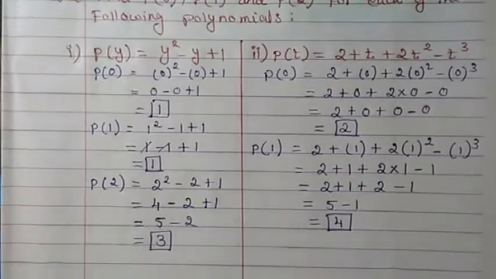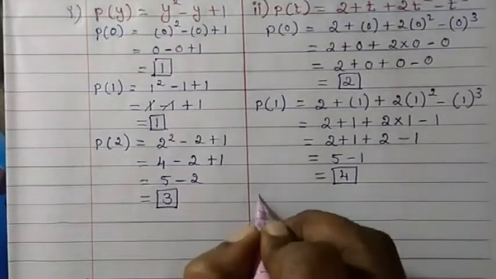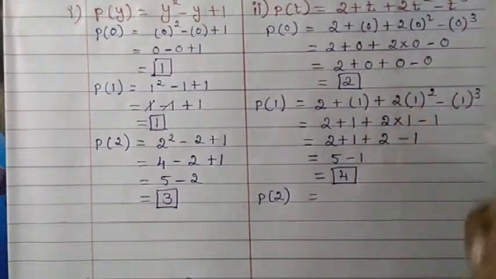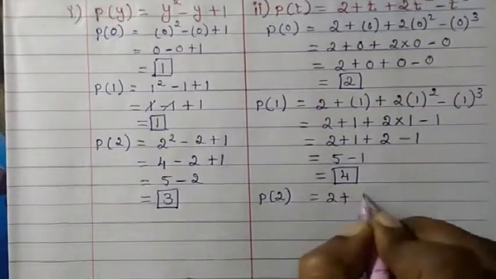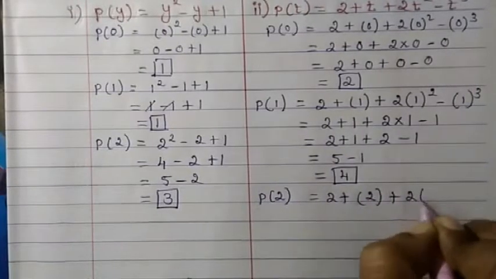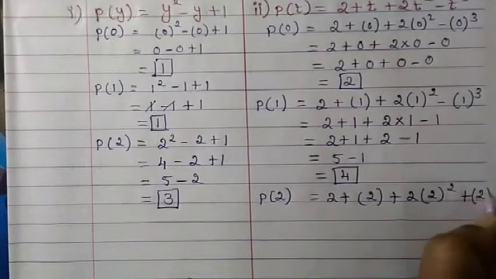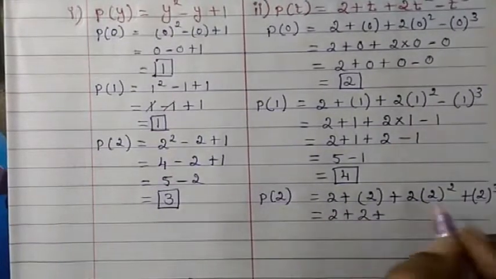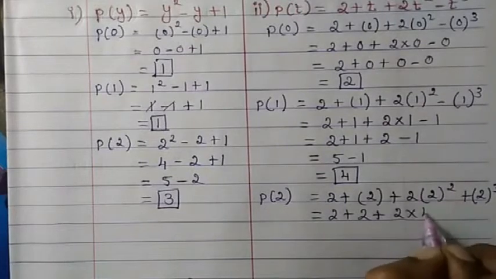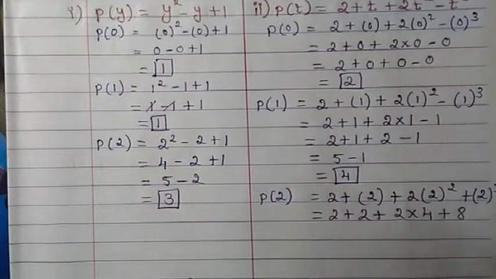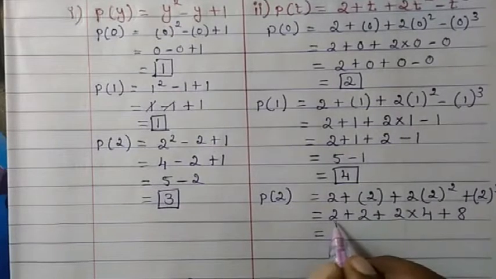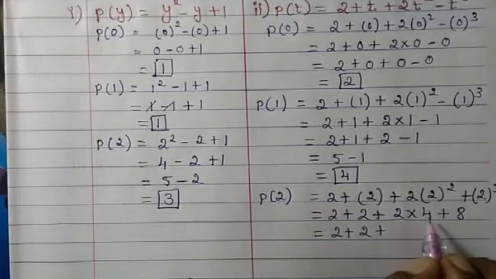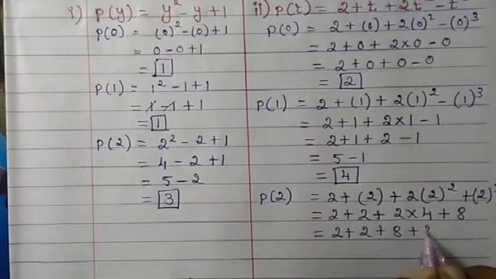Now we have to do for P of 2. Wherever t is there, we have to put 2 now. So 2 plus 2 plus 2, 2 square plus 2 cube. So 2 plus 2 plus 2 into 2 2s are 4, plus 2 cube will be 8. Then 2 plus 2 plus 2 into 4, 8 plus 8.